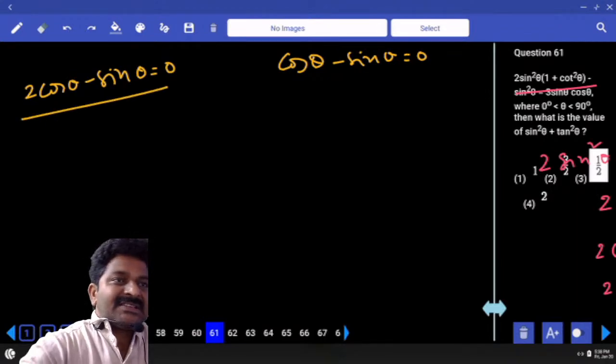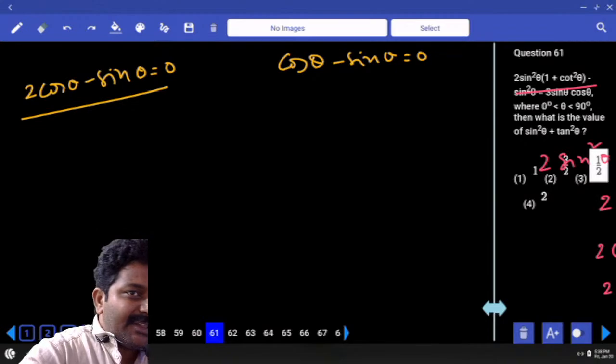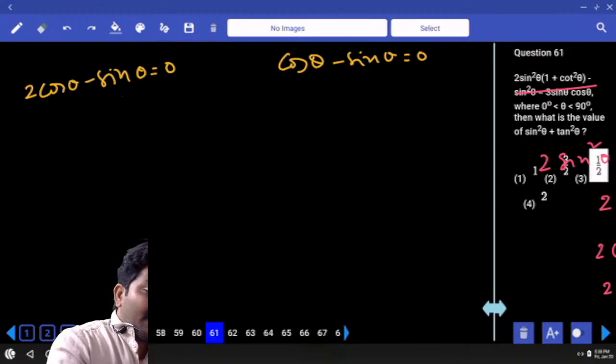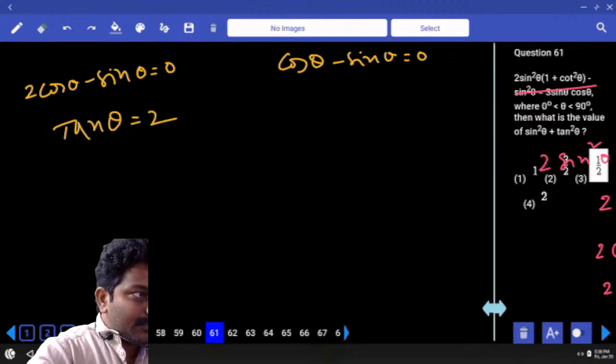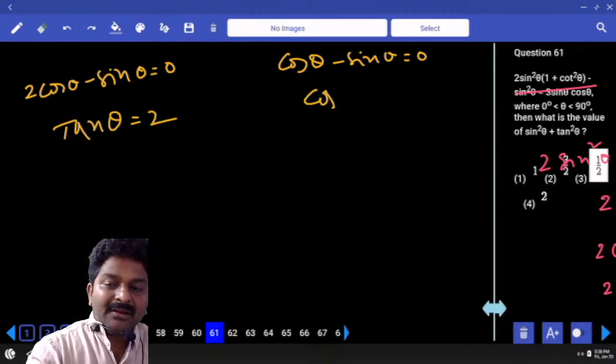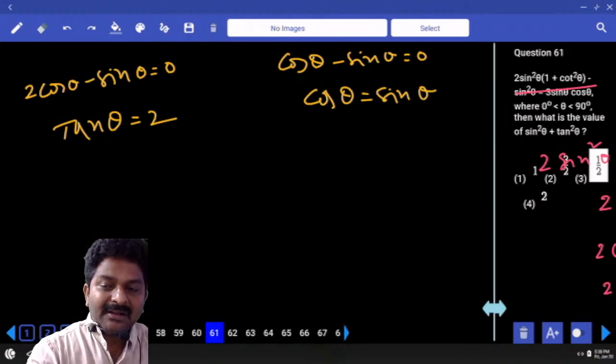From this, the next step is 2 cos theta is equal to sin theta. From that, tan theta is equal to 2. From here, cos theta is equal to sin theta.